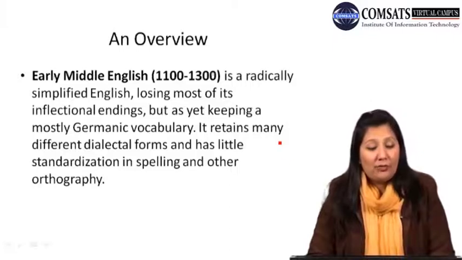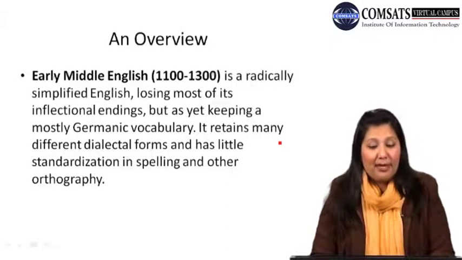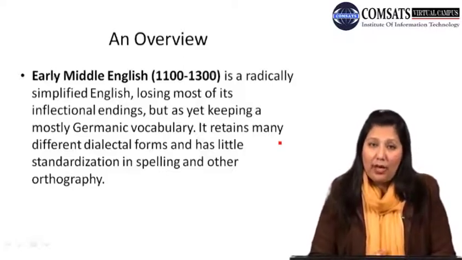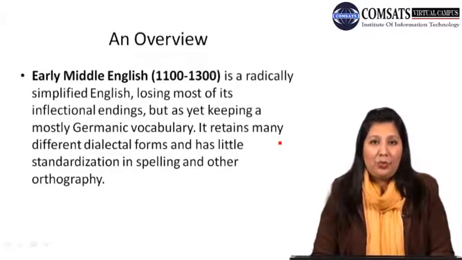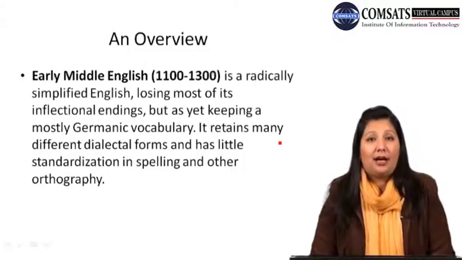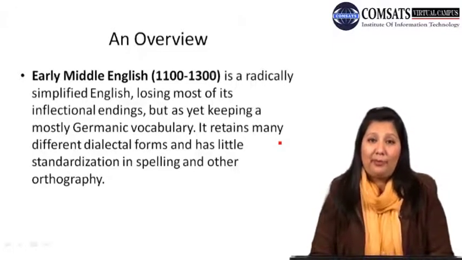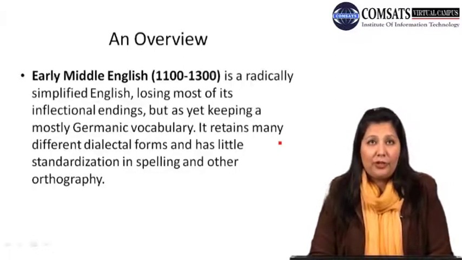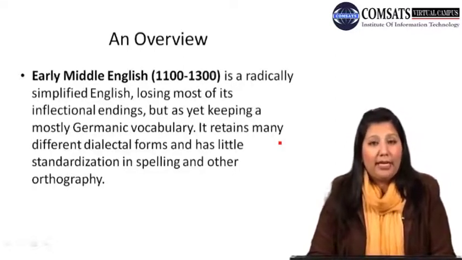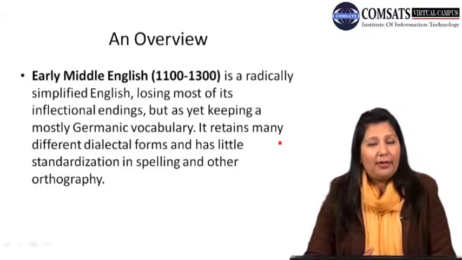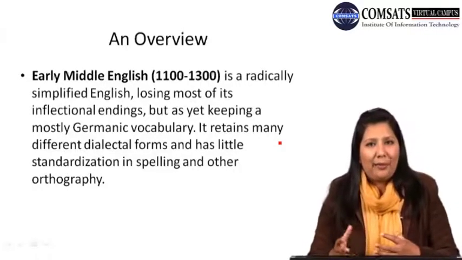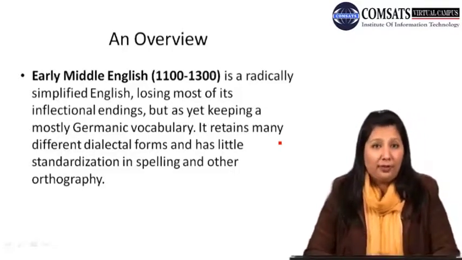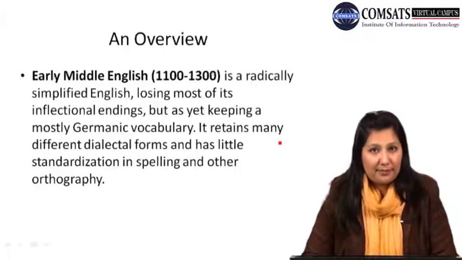It was losing most of its inflectional endings, but as yet keeping a mostly Germanic vocabulary. As we have discussed earlier as well, English is a descendant of the Germanic branch of languages. If it is a descendant of the Germanic branch, it means that it would have at least a bit of vocabulary and a bit of the sounds that would be the same as those of the Germanic branch.